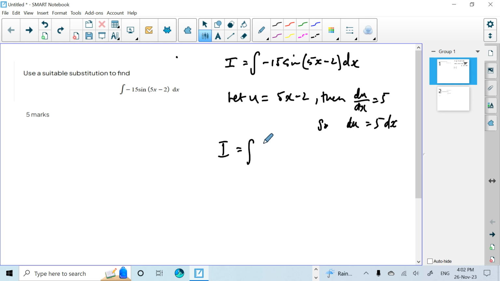3. Yeah, the integral of minus 3 sine, and then 5x minus 2. And then in brackets the function 5x minus 2.